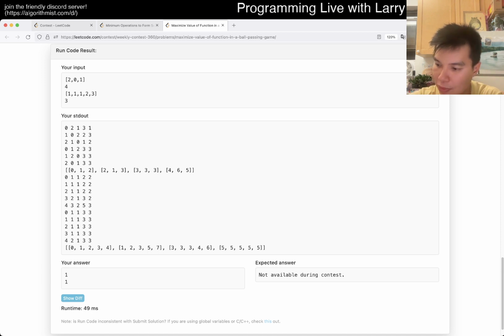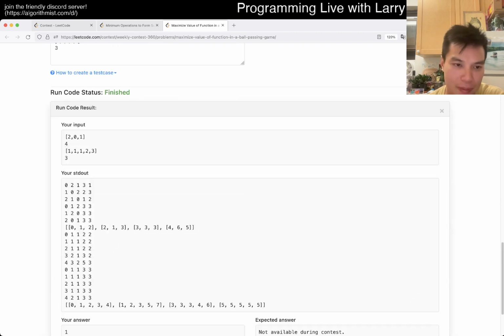So 4, 3, and then 2, and 3, 2, 1 is the other one. So 3 with 1 move is going to be 5. But 4 with 1 move is going to be 3. So we're messing up something.